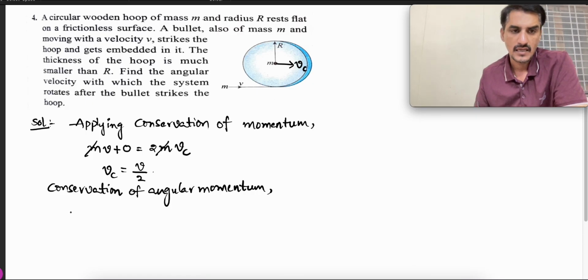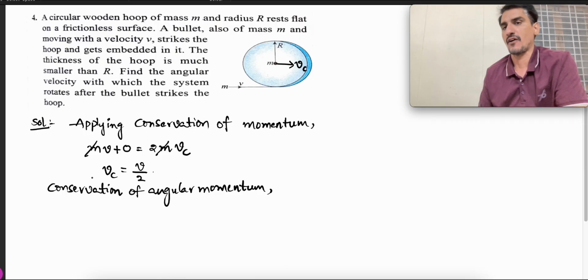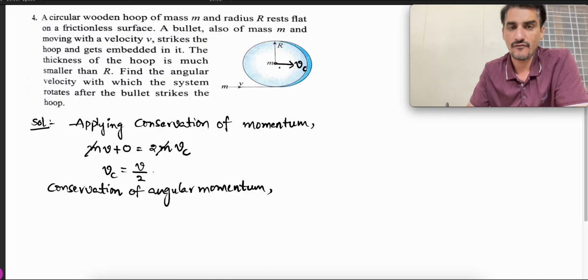So that is conservation of angular momentum with respect to center of mass. While we are applying conservation of angular momentum, only with respect to center of mass I have to find it, right? So with respect to center of mass means what? After hitting this, the bullet comes to this position.